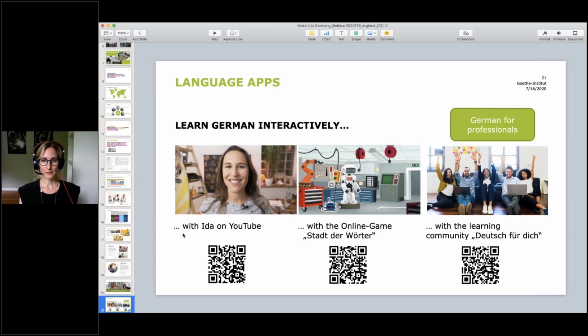You will also find more on our website, but with our interactive learning material, we're trying to also cater to different target groups, and give you different ways of getting extra information and extra exercises on German.